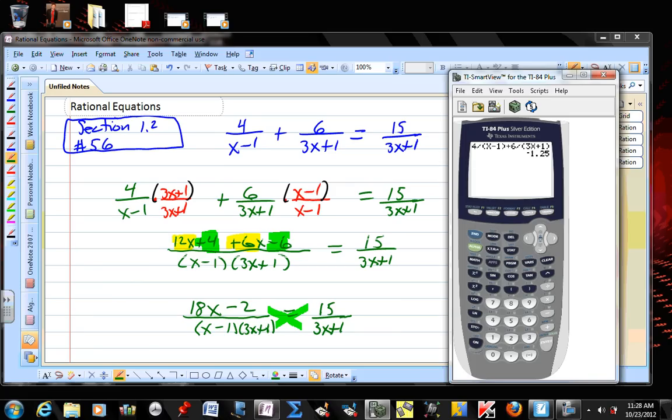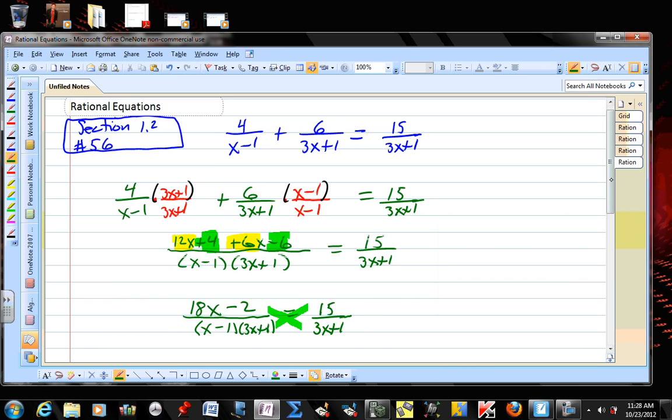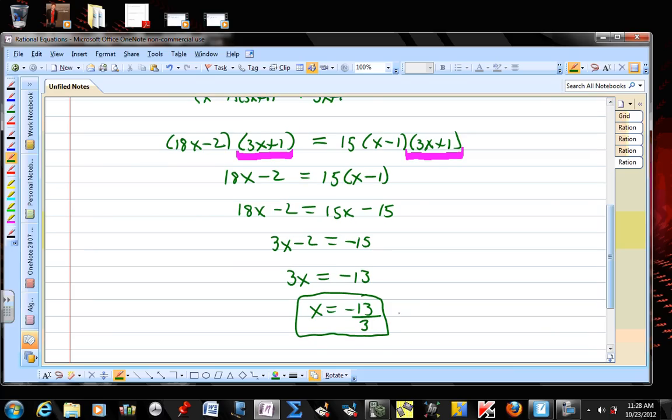So on the left side we get negative 1.25. On the right side we'll check, we'll do 15 divided by the quantity 3x plus 1. We get negative 1.25. So since we get the same value on the left side as we get on the right side, that means that our answer is correct. X equals negative 13/3.